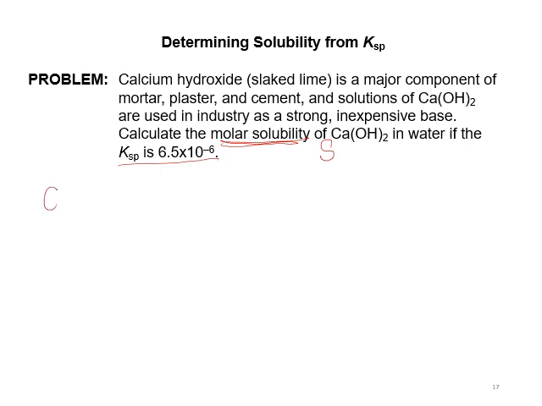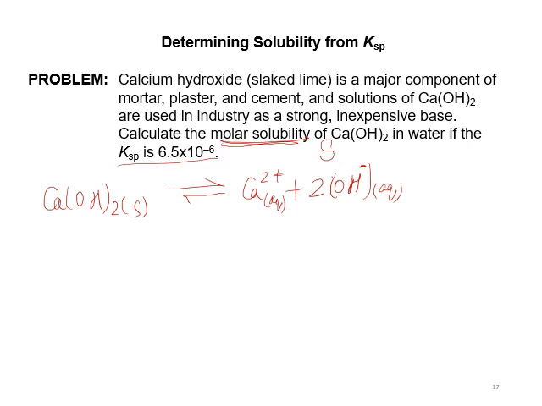So for this particular salt, calcium hydroxide, it's going to be solid. It will dissociate to produce calcium ion, which is Ca 2 plus, aqueous, and each salt is going to produce 2 hydroxide ions, each hydroxide ion being minus 1, also aqueous. This solid is not going to be used in the expression. Initial is 0, 0, change is plus S, plus 2S.